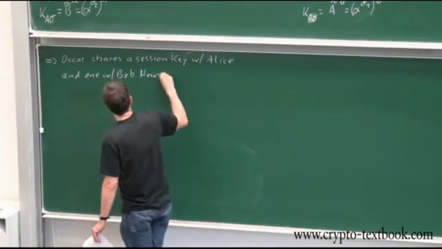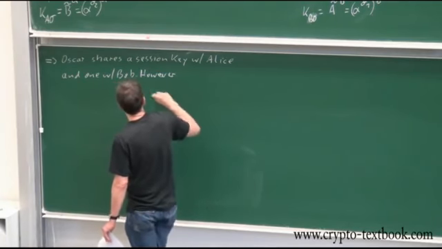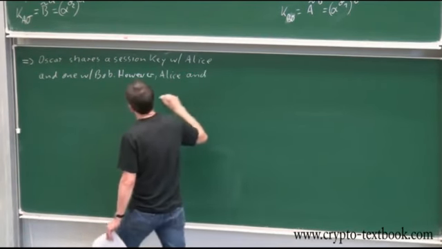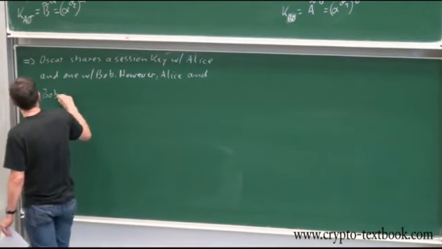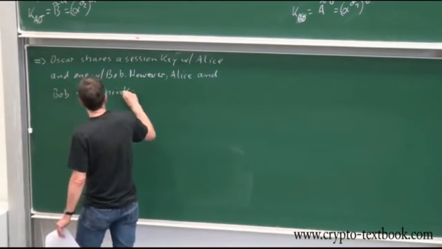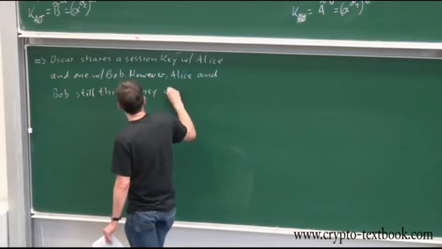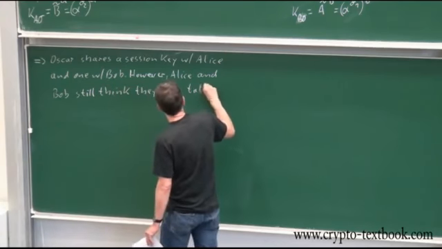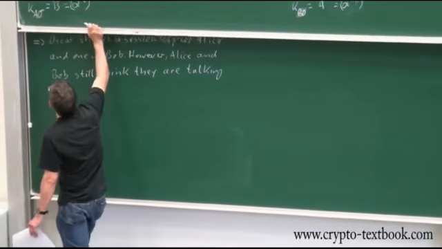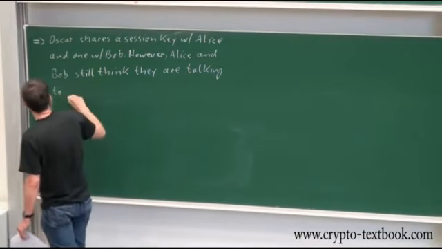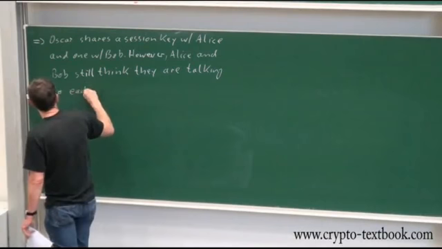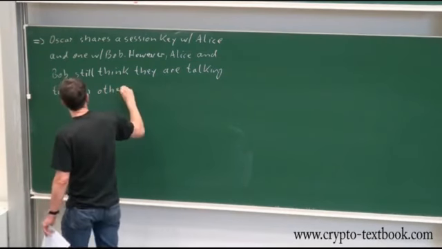However, Alice and Bob still think they are talking to each other. I know this is exactly what I told you before, but because this is so important, I want to write that down. Still think they are talking to each other.